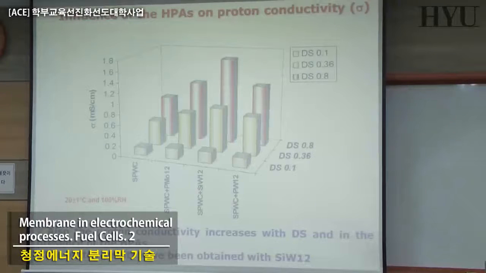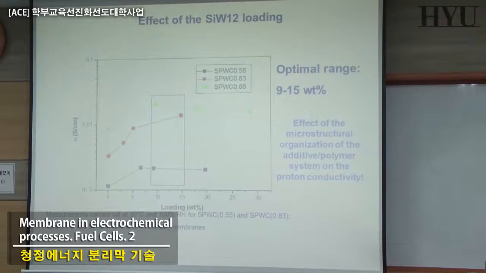But the same amount of HPA has a significant influence on the proton conductivity, and that is just what is shown here. This is just to show you that this additive, in principle, can change the overall performance of your membrane significantly.